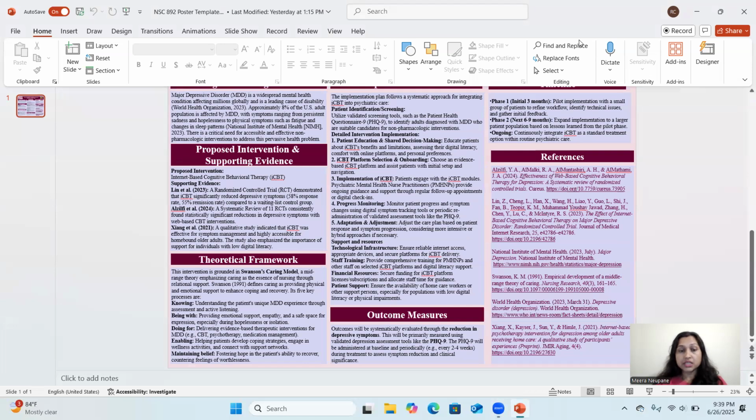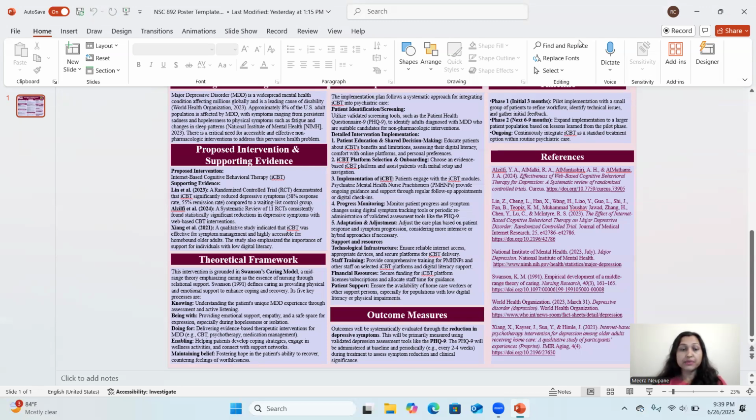Swanson's caring model is a theoretical framework we can use for the major depressive disorder patient. This model is a mid-range theory which focuses on caring as the essence of nursing through relational support. Swanson defined caring as providing physical and emotional support to enhance coping and recovery.